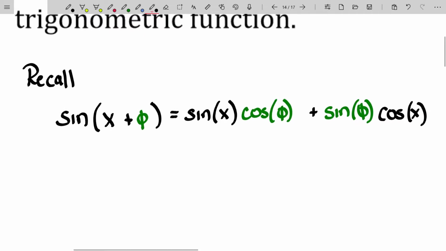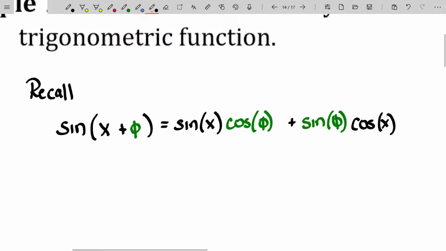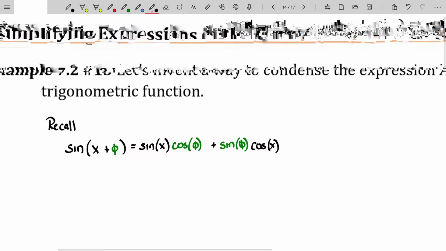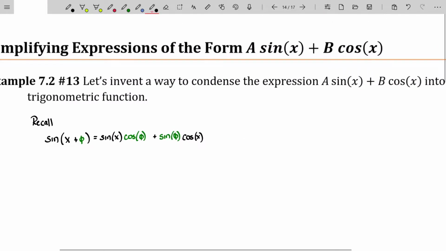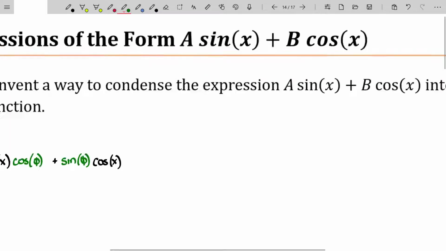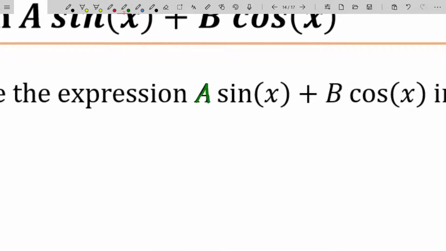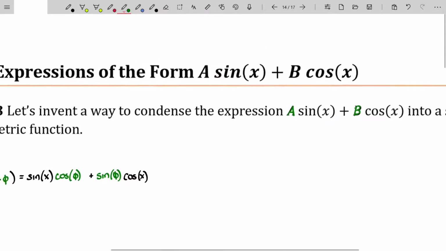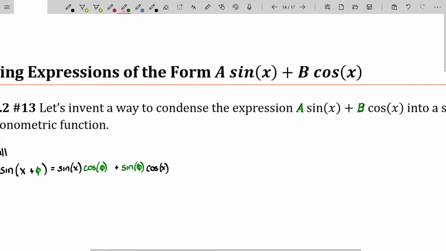Now, why did I choose to use different colors for the angle phi and the trig functions of the angle phi? Well, if you look at what we're trying to transform here, which is a sine of x plus b cosine of x, really that a and that b, if I wrote those in green, you could see that this matches up very closely to the sine of x plus some angle phi.